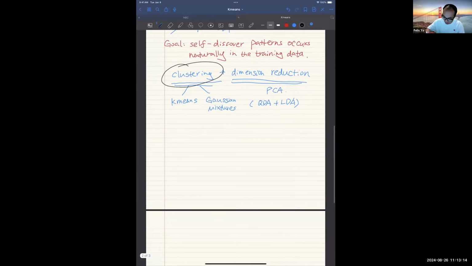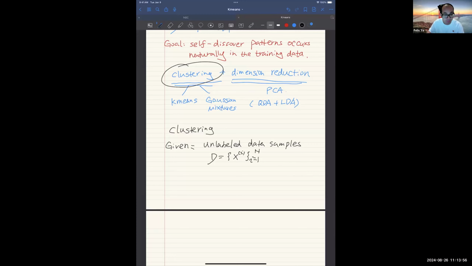A general clustering problem can be formulated as follows. First, you are given unlabeled data samples, D equal to x_i, for i from 1 to N. These are all the data that we have.